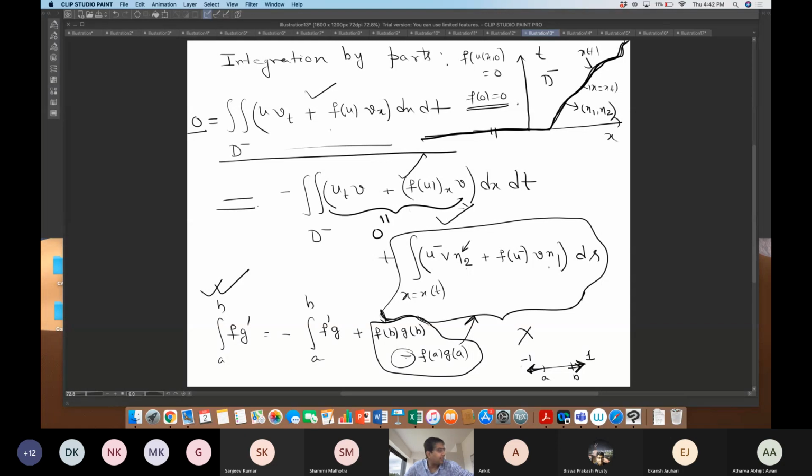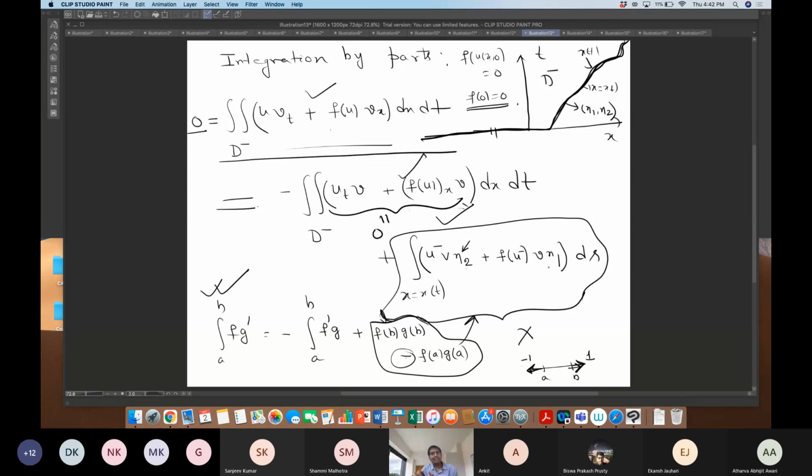So next class I will explain the main idea. I will not be able to prove this because it will take 2-3 classes. I cannot waste 2-3 classes proving the integration by parts. I don't have such freedom.